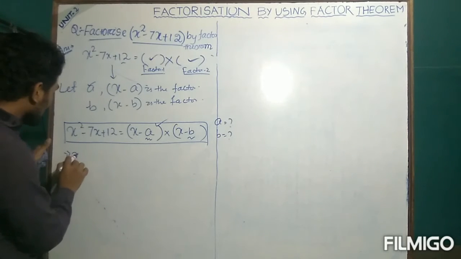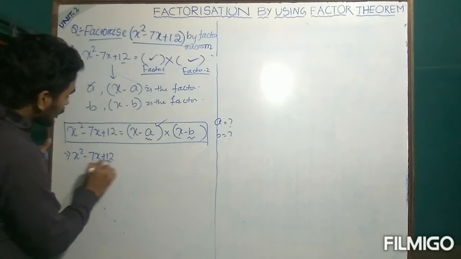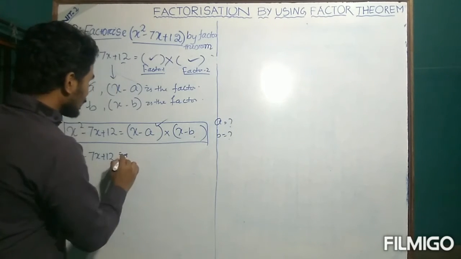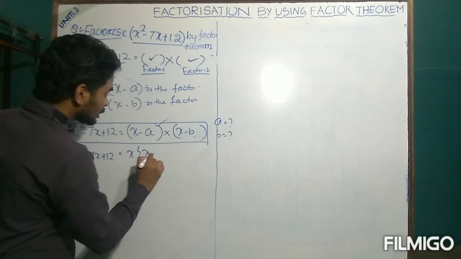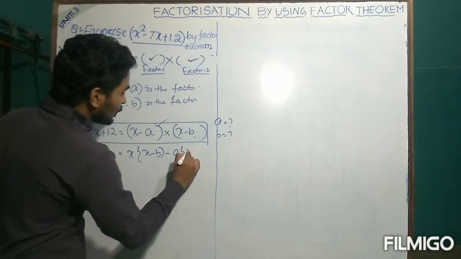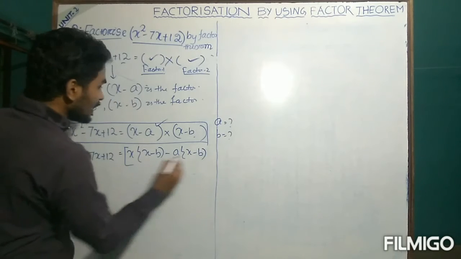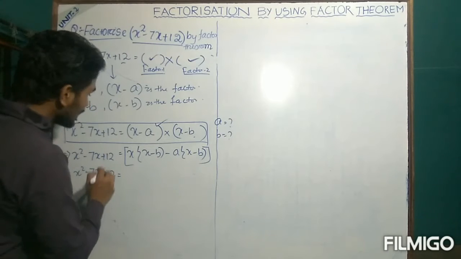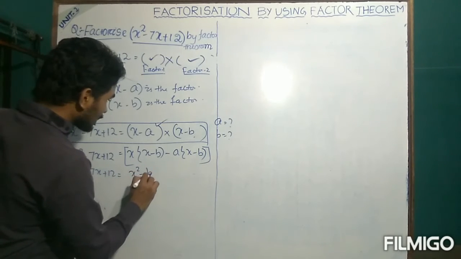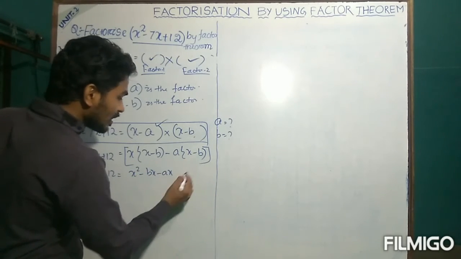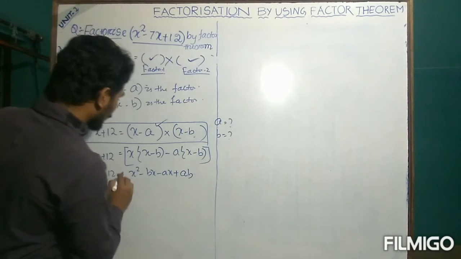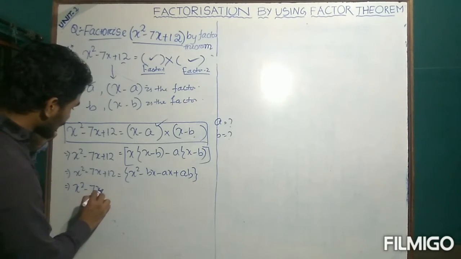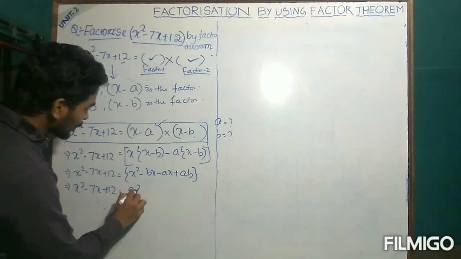Simply, we write x square minus 7x plus 12 is equal to the product of the two polynomials, x minus a into x minus b, multiplied using the distributive law. After opening the bracket, it will be x square minus bx minus ax plus ab.